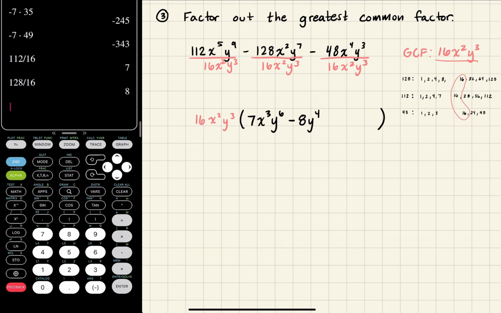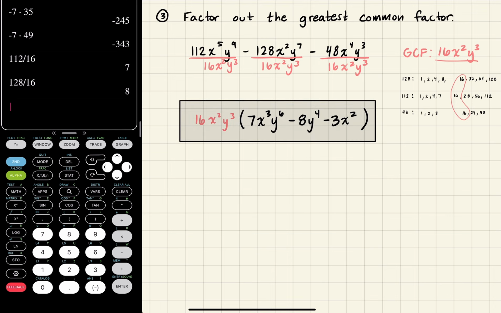Finally, on to the last term, 48 divided by 16 is 3. 4 minus 2 is 2. And 3 minus 3, those cancel out. So our final answer there, with our GCF pulled out, is shown, and we're done with that problem.